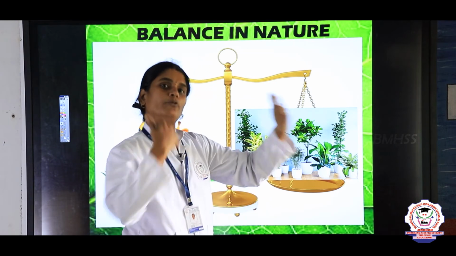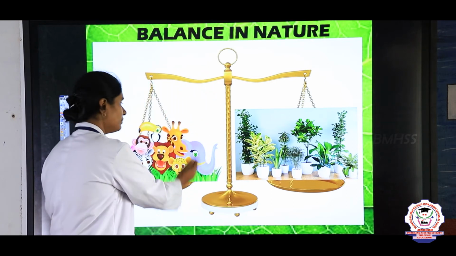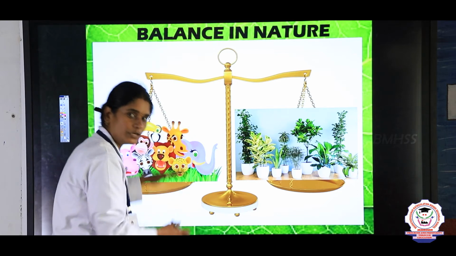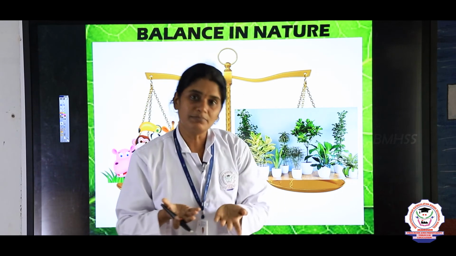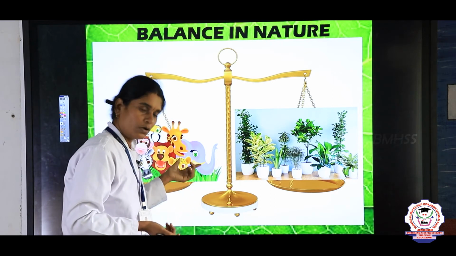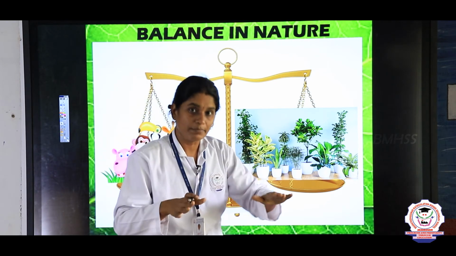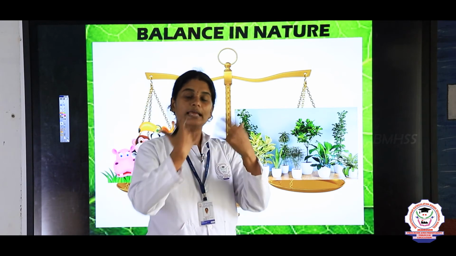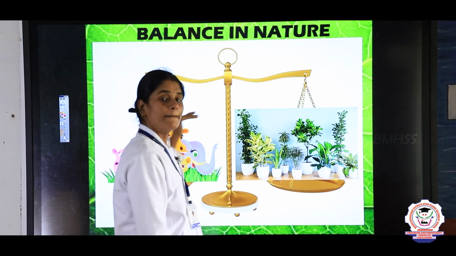If the air contains more carbon dioxide, we cannot get much oxygen. In the same way, if the number of animals has reduced, the carbon dioxide content in the air becomes less, and there will not be enough animals to take up the oxygen. So, we have to maintain the balance in nature.